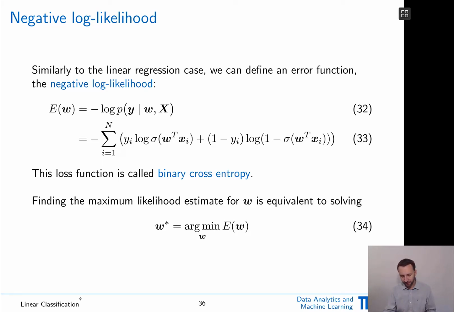So that's all. This is how we can set up a so-called discriminative model where we directly model the distribution P of y conditioned on x, and then it turns out to be just minimizing this function.